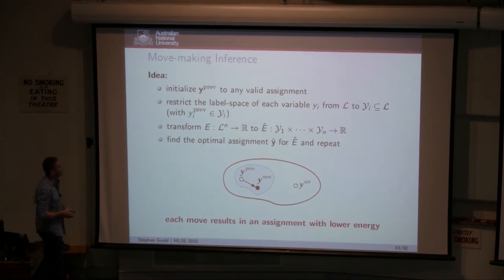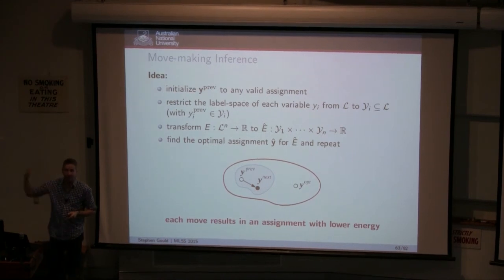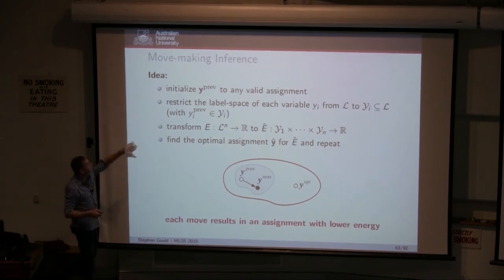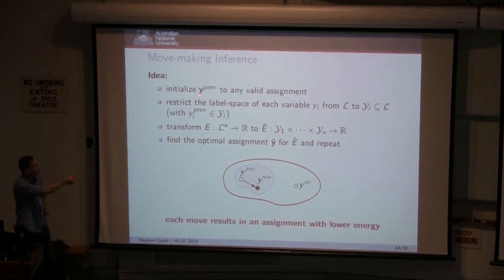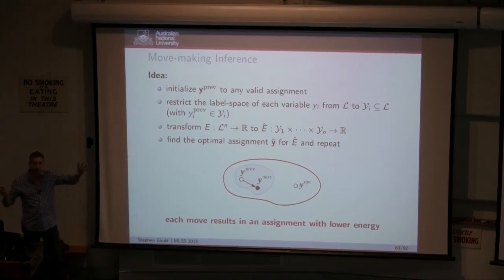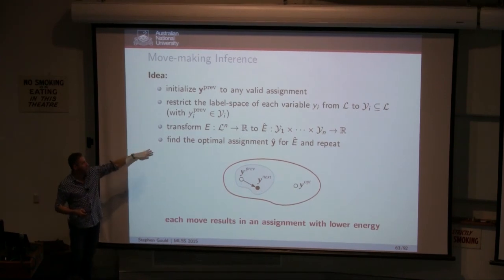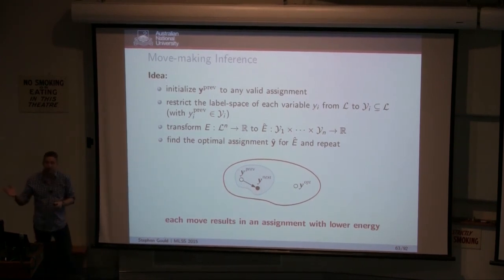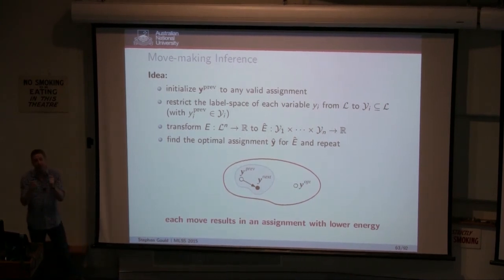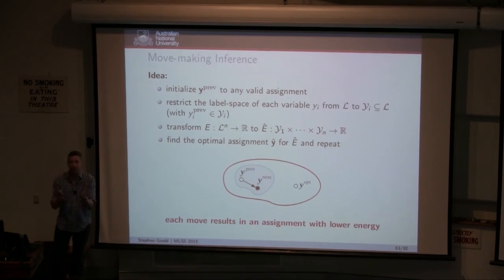So here we have a multi-label problem, and I want to be able to solve that problem using graph cuts as a step within the algorithm. And the way these algorithms work in general is that I start from some solution, some instantiation of my variables, which is a valid assignment. And then what I do is I restrict the search space for some or all of the variables, and I find a new assignment within that restricted search space, which is the best assignment that I can find with respect to my energy function in that restricted search space.